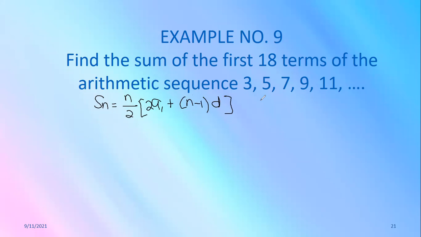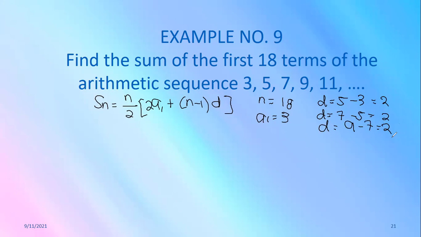So, ibig sabihin yung n natin dito is 18. First term, which is equal to 3. Common difference. So, alam na natin yan. So, 5 minus 3. So, that's equal to 2. Verify natin kung hindi kayo sigurado. So, 7 minus 5, which is equal to 2. Pag di pa rin kayo sigurado, sige, verify. 9 minus 7, 2. Yan na.